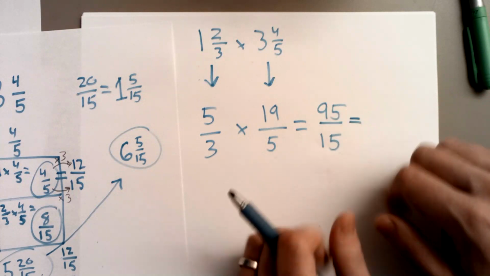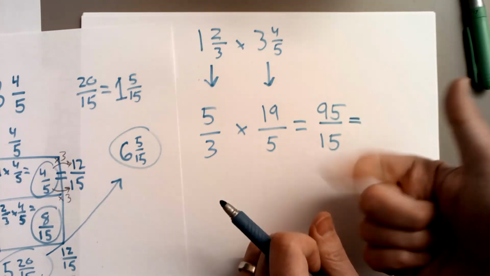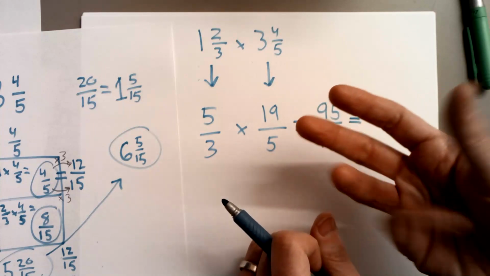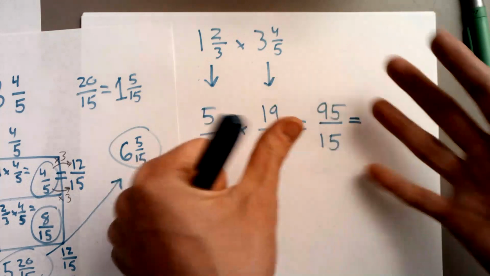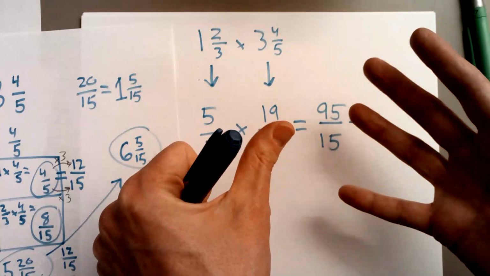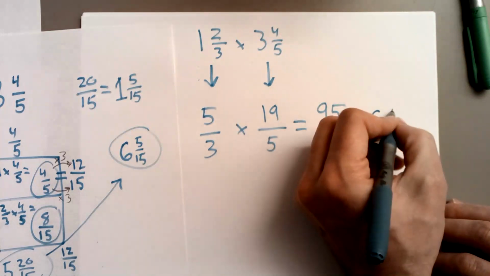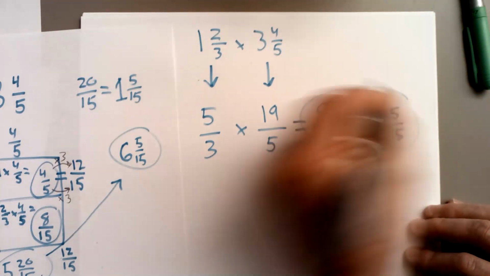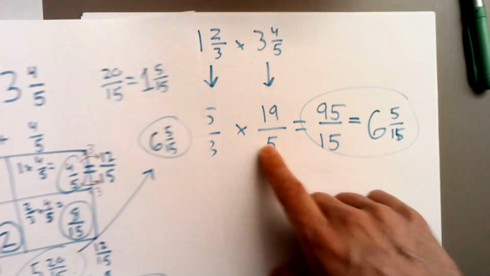So I count by 15s, 15, 30, 45, 60, 75, 90. Yeah, I can't get all the way up to 95, but I can get to 90/15, which is 6 wholes. And then from 90 to 95 is 5 more 15ths. So I get the same answer, just a little less work here with method 2.